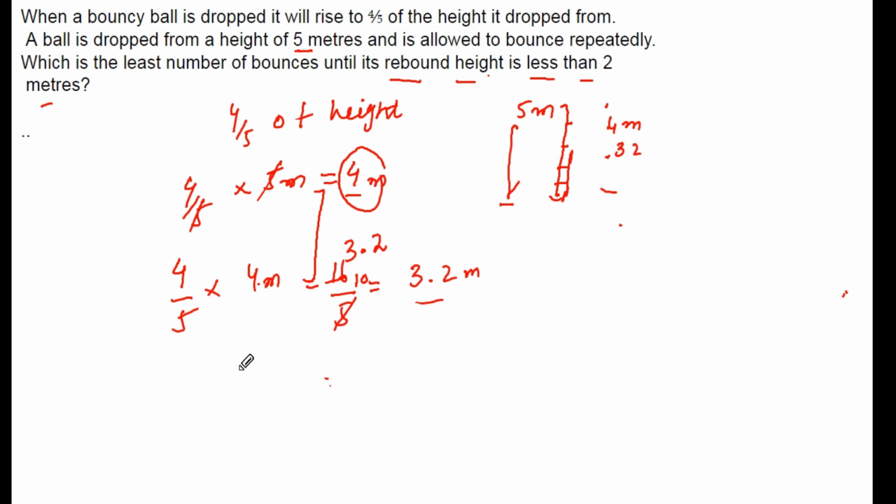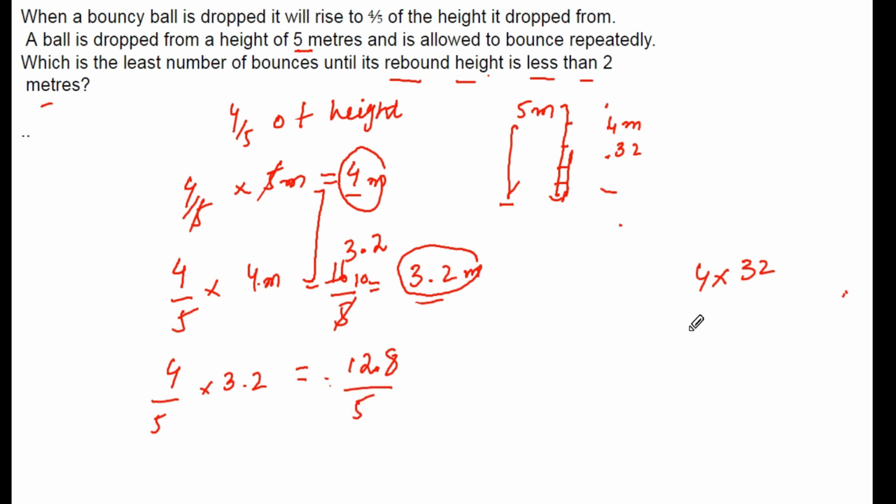To find the next rise, what do we need to do now? 4/5 of 3.2. Now the bouncing is going to start from this height. So we need to multiply 4 times 32. That gives you 4 times 2 is 8 and 4 times 3 is 12, where your decimal will stay over here. And now you need to divide 128 by 5. You can do it directly or you can use your bus stop method.